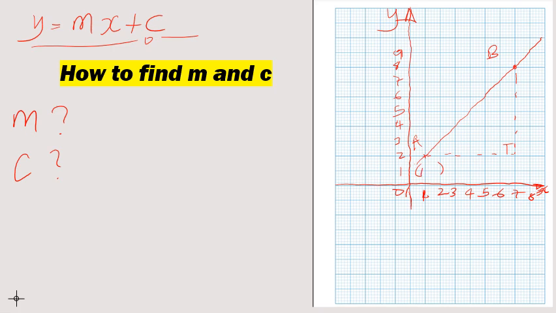This is x, y, and y is 2. Here this point is 7, comma, in this case 8. Okay, that's the first part. We can consider this as theta.